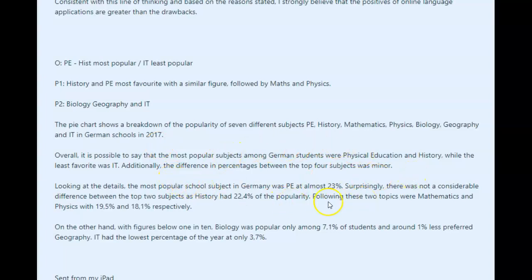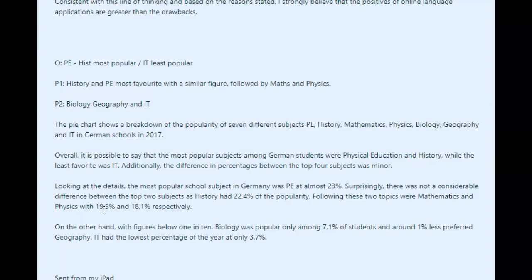Okay, so following these 2 subjects was mathematics at 3 percentage points less than history at 19.5. Okay, and then what you could do is maybe you could do a little math if you want. And then you could have also said rounding out the top 4 most popular subjects was physics, right?